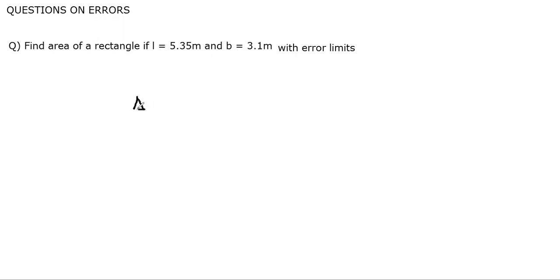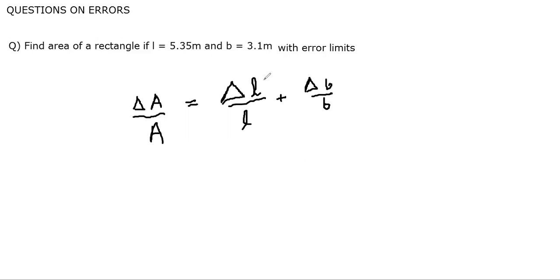So I would write that formula as delta A by A is equal to delta L by L, that is the first quantity, plus delta B by B. This is the formula while doing multiplication.